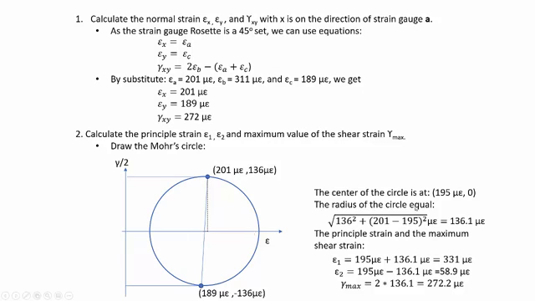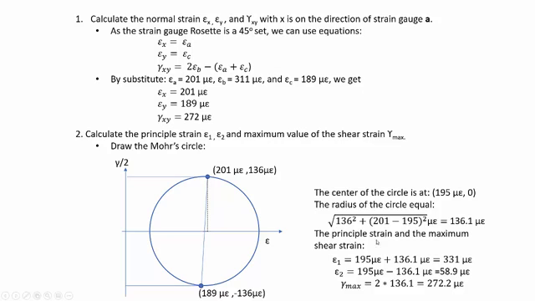The radius of the circle, we simply use this equation. 136 is the shear strain, is this line, and 201 minus 195 is this small line, and that gives us the radius of 136.1 mu epsilon.